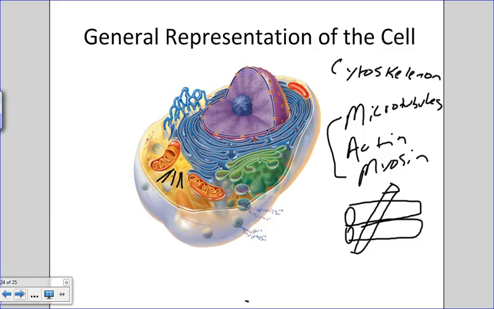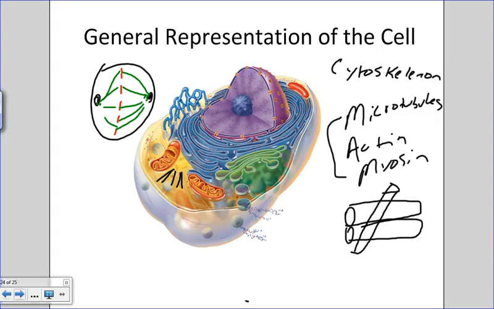What happens basically when we want to divide a cell is these spindles migrate to each pole of the cell, and then they pull on the chromosomes, the genetic material. These spindles branch out, grab onto the chromosomes, and pull them towards each pole. Then the cell is going to split in two and form two genetically identical daughter cells.